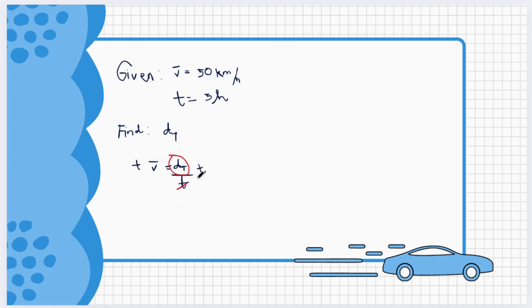So, therefore, dt, or the total distance, is equal to the average speed times time. And that is 50 kilometers per hour multiplied by 5 hours, and that is equal to 250 kilometers.